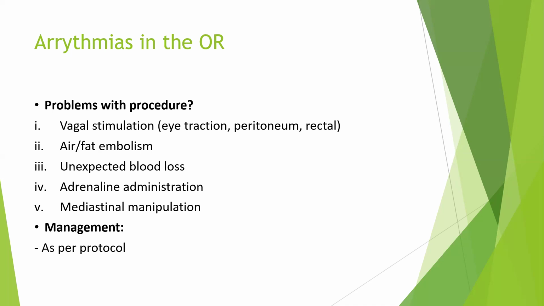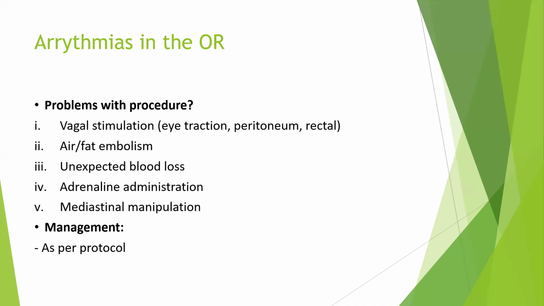It was a scary experience some years ago, giving high doses of adrenaline to a patient under spinal because the patient had hypotension following institution of subarachnoid block. The doctor just gave adrenaline, and the patient started screaming, my heart, my heart, my heart. So you want to be sure, was this patient given adrenaline? Or is there any mediastinal manipulation, all right? Maybe during thoracotomy or any form of procedure.